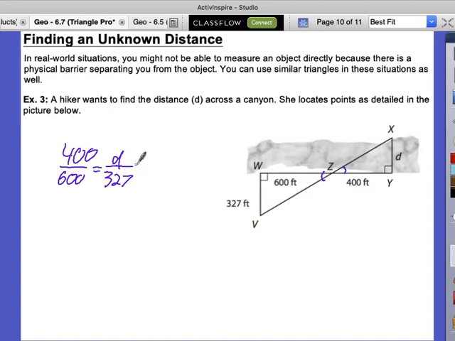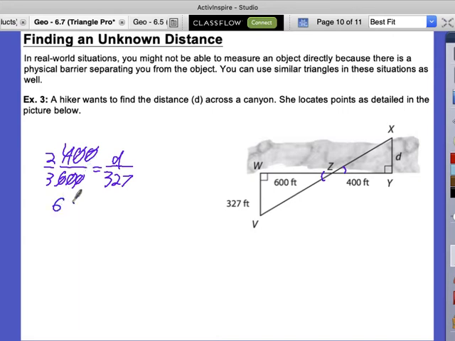We can simplify 400 over 600. Oh, boom, gang with those zeros. 4 over 6. Now it becomes 2 over 3. Is that way easier? Yeah, love that. Okay. Then we can cross multiply that. 2 times 327 seems a lot better than 400 times 327.